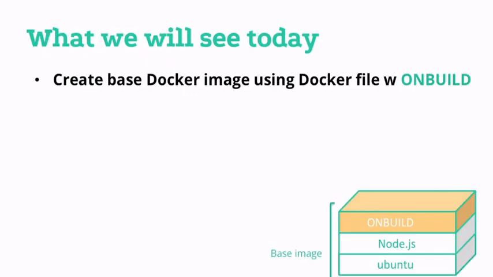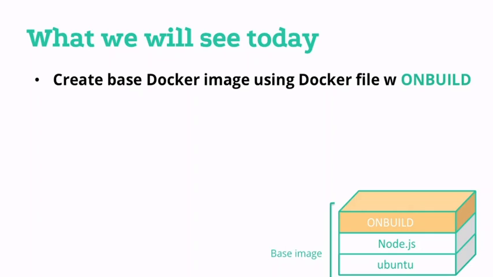What we will be seeing today, as mentioned earlier, is that we will build again a base Docker image with Ubuntu and Node.js, but on top of the Ubuntu and Node.js installation, we will add ONBUILD triggers. ONBUILD triggers are going to be executed later on by the Docker daemon in a downstream build.